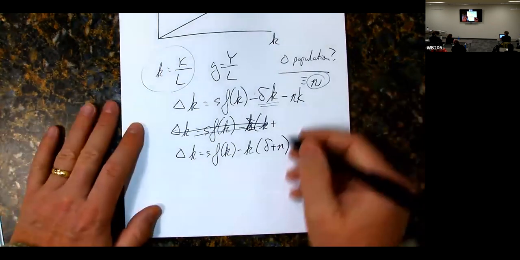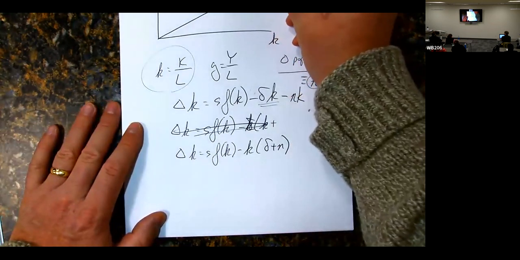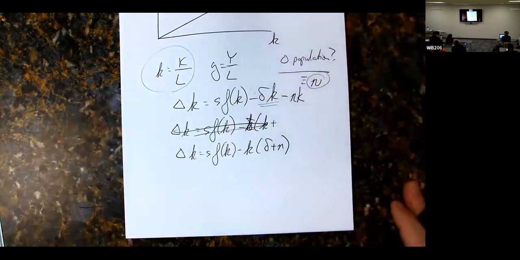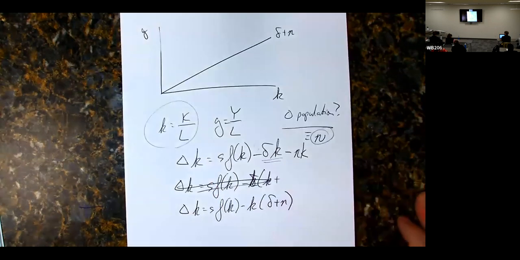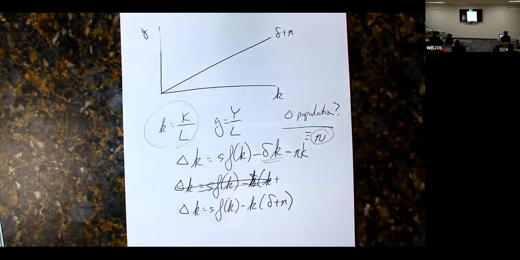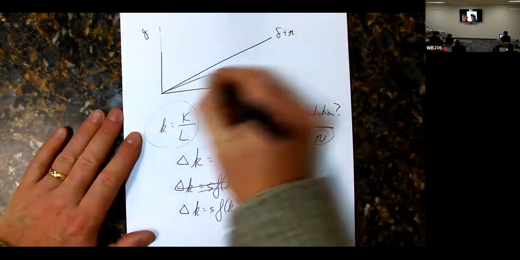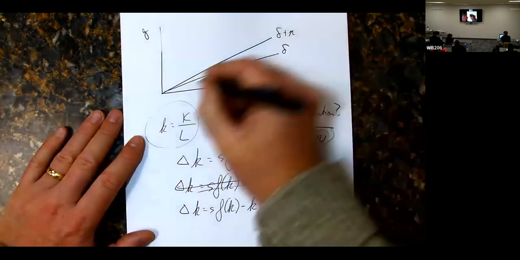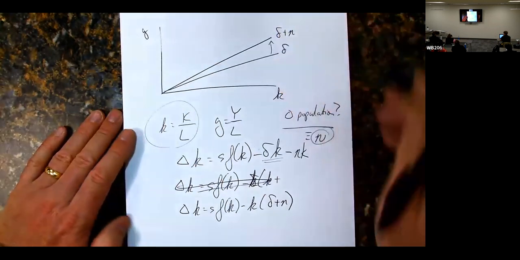And so we're going to use the same straight line for both changes in depreciation and changes in population. We're just going to tack it on there. If we just had depreciation, it would be like, here's depreciation, and here's depreciation plus population.